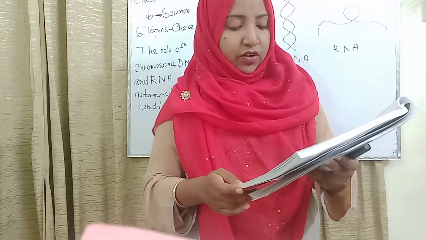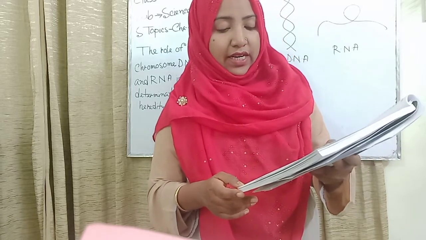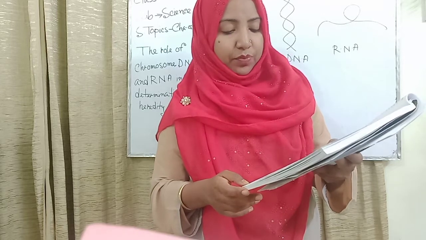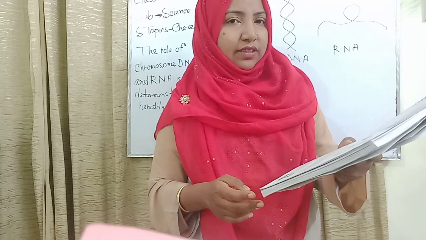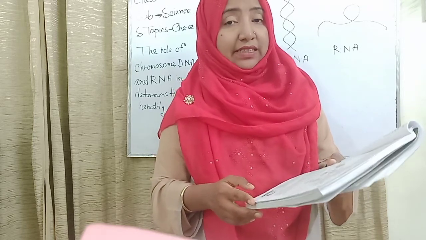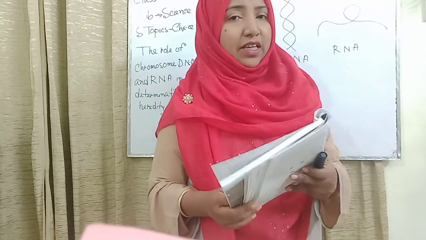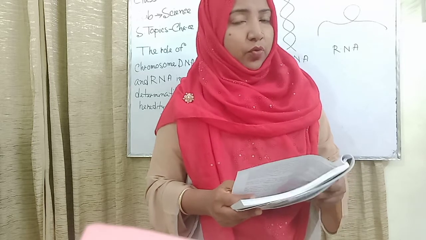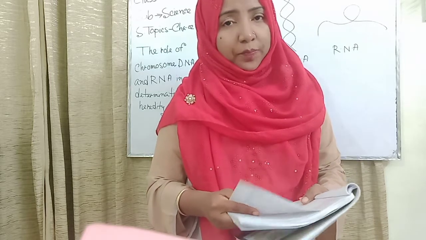The research of Mendel and his laws of genetics are now well established as an important branch of life science. Mendel is known as the father of genetics for his valuable experiments, and he explained two laws of heredity: the law of segregation and the law of independent assortment.